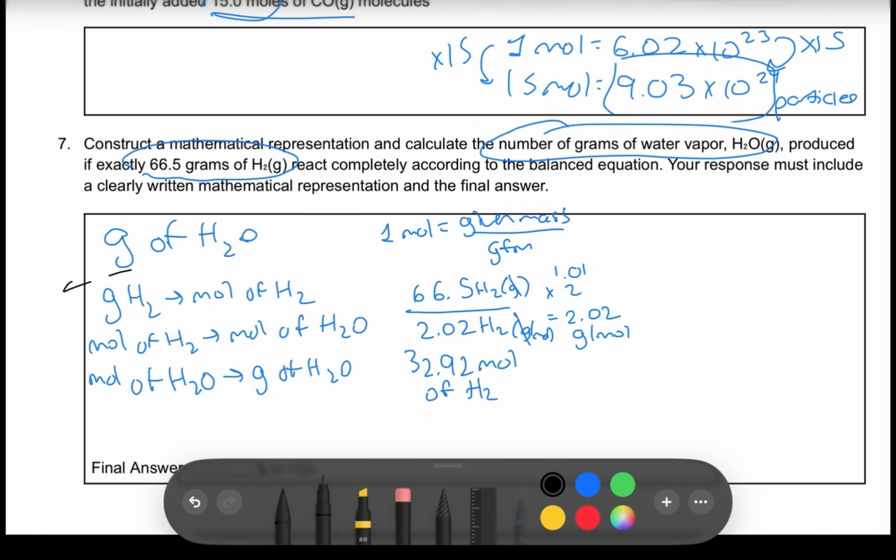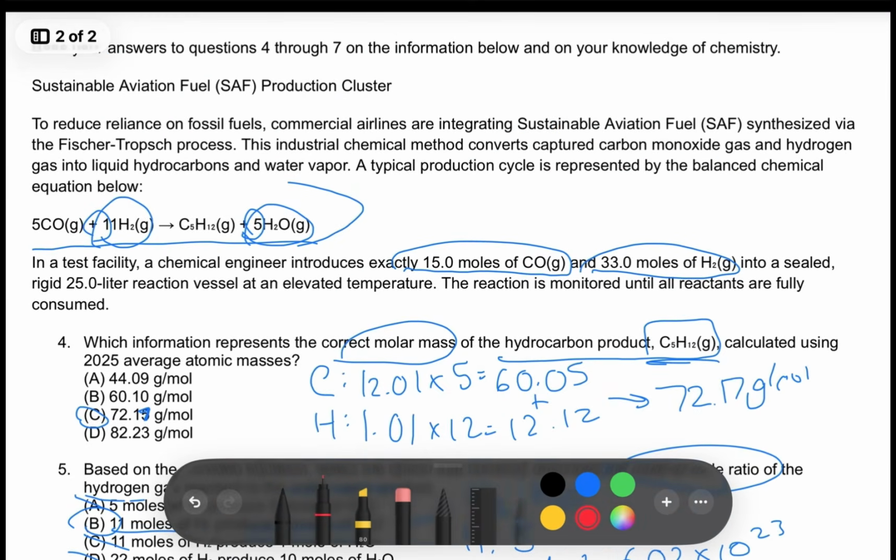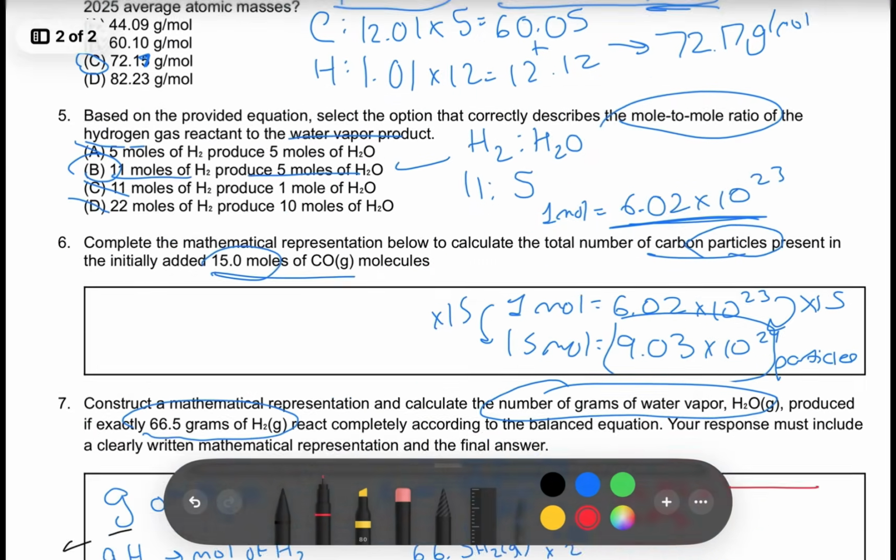Now the second step is to get from the moles of H2 to moles of H2O. So we have this many moles of H2. We're going to write 32.92 moles of H2 times the moles of the unknown divided by moles of known. The unknown is H2O, and according to the equation, we have 5 moles of H2O.